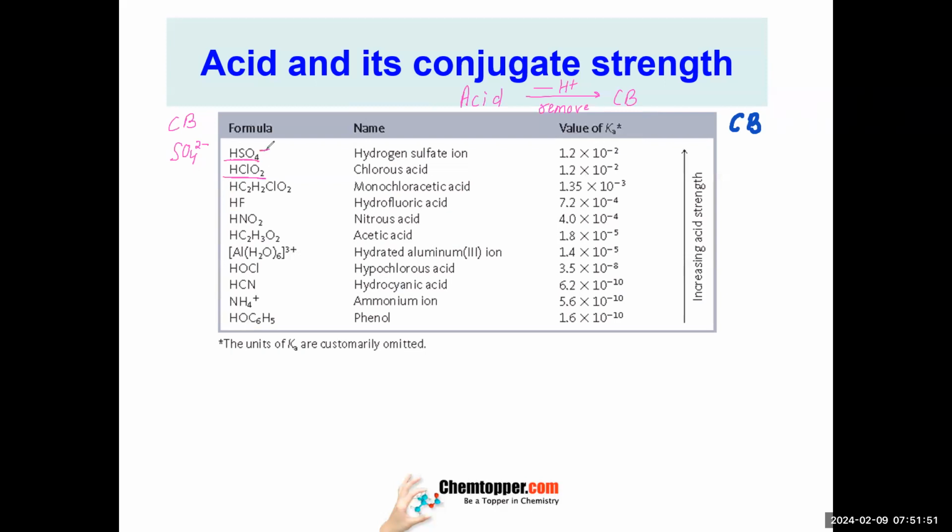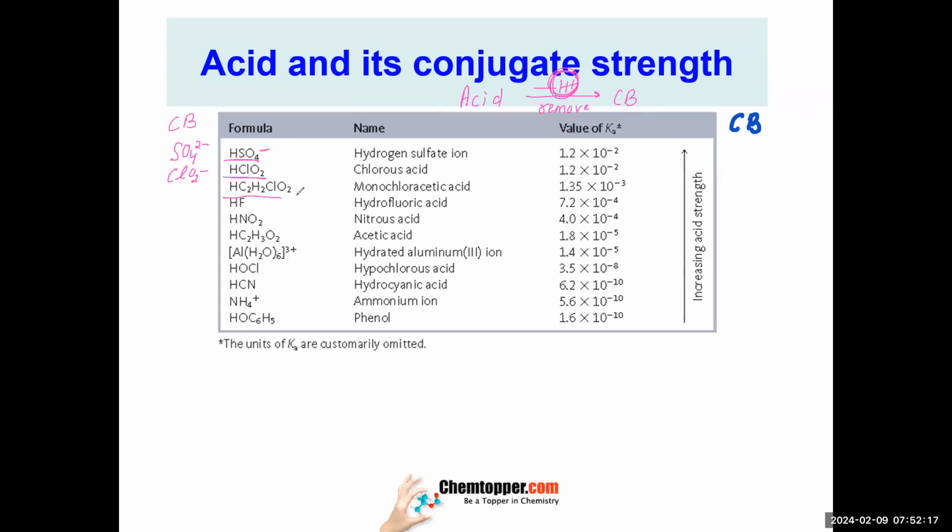This was already negative, so when you removed H plus, it became 2 minus. Yes, remove hydrogen, Afan. And Azuni, remove hydrogen. So what is it? ClO2 minus. Mathematically remove hydrogen with 1 plus charge, right?